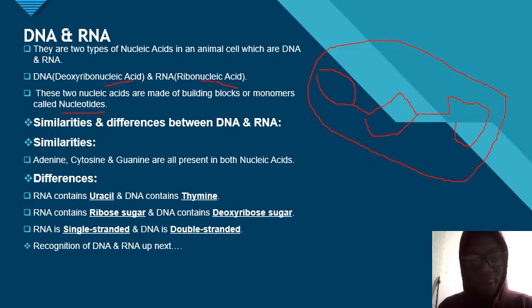The other difference is that RNA contains ribose sugar, and DNA contains deoxyribose sugar. And RNA is single-stranded and DNA is double-stranded. These are the differences, guys.